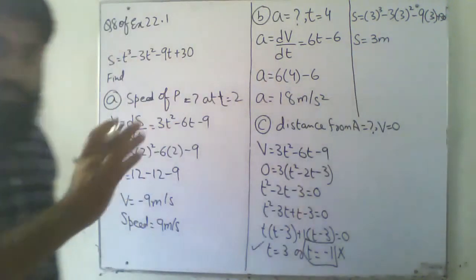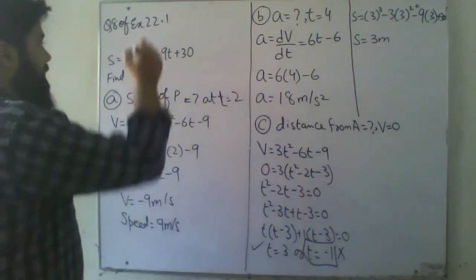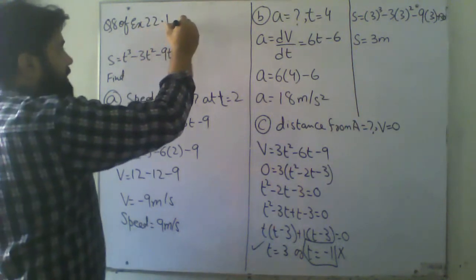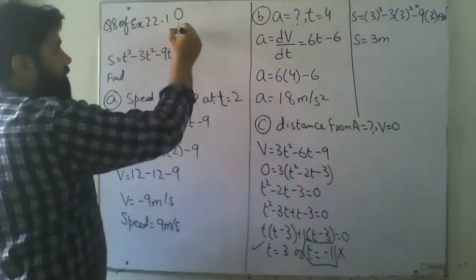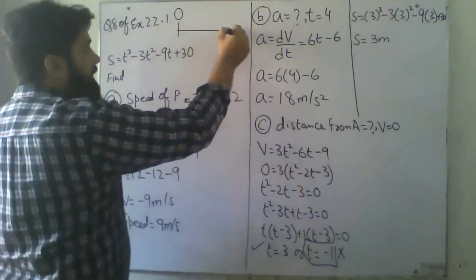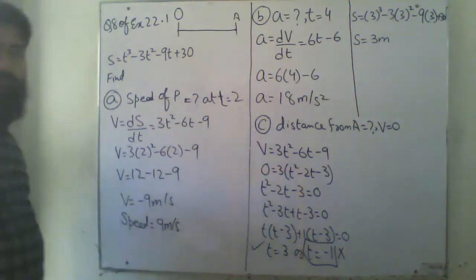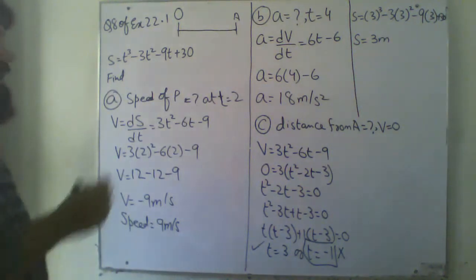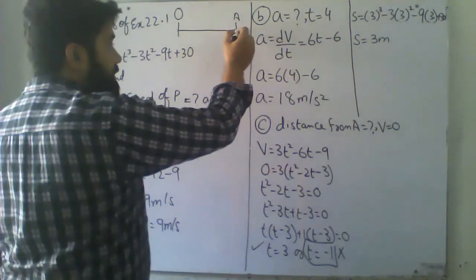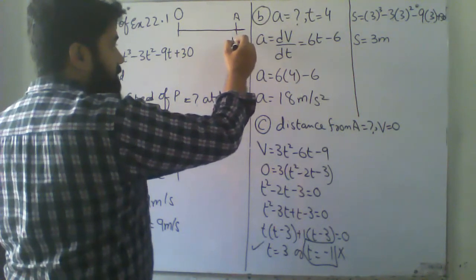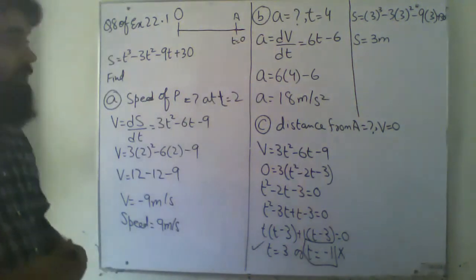Now you have to understand what is going on over here. The body is moving from O and then it passes through a point A, and the calculation time at this point was 0.